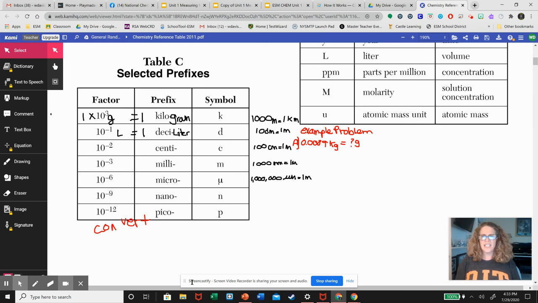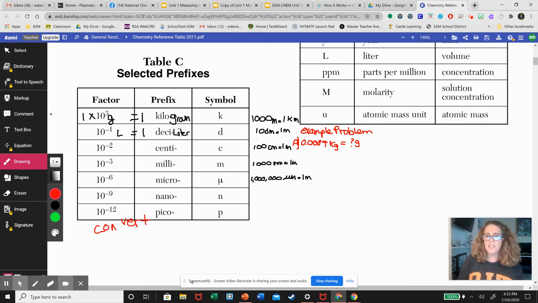So right now that looks really, really small, but in actuality, in grams, it might not be as small. So I need to go from kilograms to grams. So I look over here and I know that 1 kilogram is going to be 10 to the power 3 grams. Okay? So what do I do?